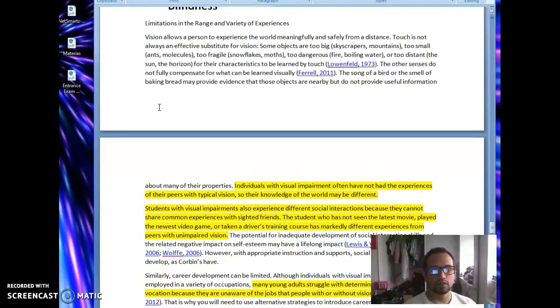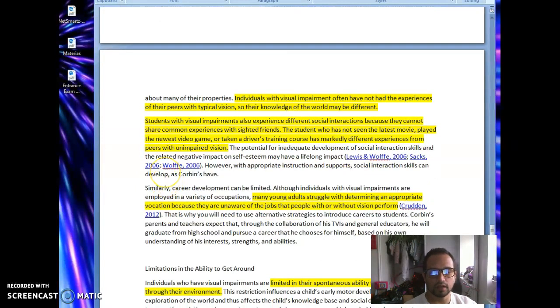So basically, what I'm saying is that a student who is able to see is able to have a different type of experience than the student who doesn't. So they can use their hearing or touch. However, they will be limited in how they can learn through regular interaction in the classroom.